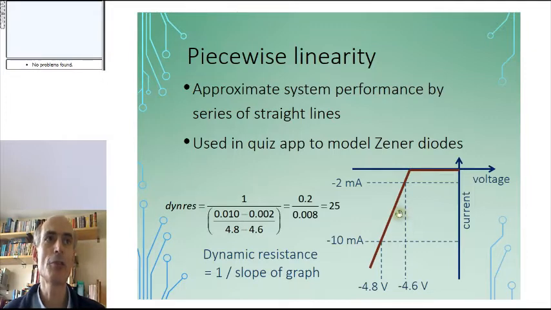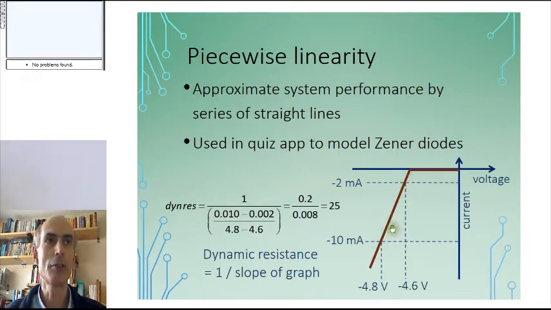From the definition of dynamic resistance, we can see that the gradient of this line, which is the change in current corresponding to a change in voltage, must be the inverse of the dynamic resistance. Or to put it the other way around, since we're usually given the dynamic resistance of the Zener diode that we're working with, the gradient of the graph here is 1 over the dynamic resistance.